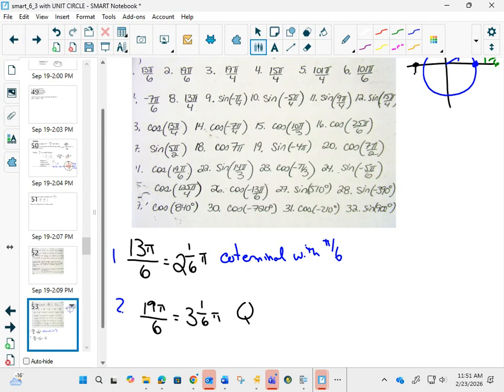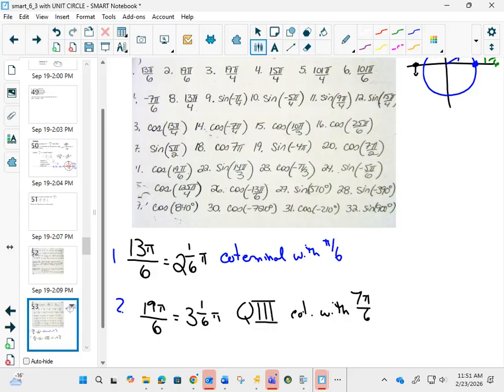Which direction are we going? We're going in this direction, and you need to go another 1/6. Quadrant 3. That's going to be coterminal with, what's your pi over 6 in quadrant 3? One bigger than your denominator, 7 pi over 6.